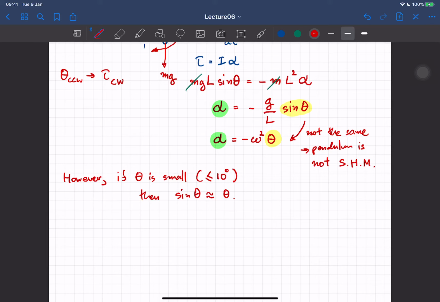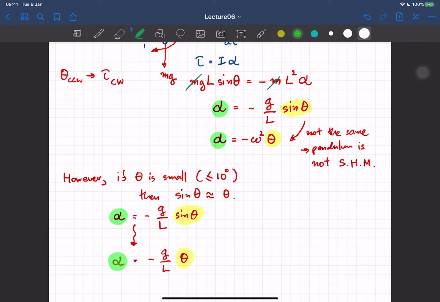So that means if the angle is small enough, this equation here can be approximated. In physics we do a lot of approximation, because in real life things are going to be a lot more complicated than our theoretical analysis. So with this small angle approximation, this equation becomes alpha equal to minus g over L times theta instead of sine theta.